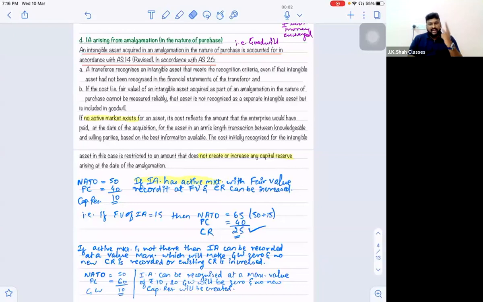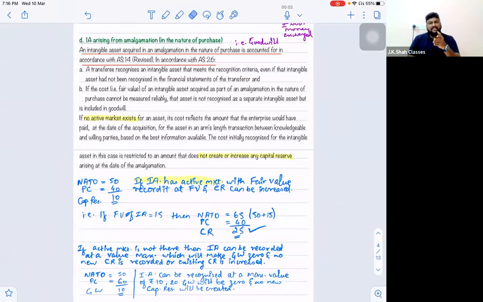Third situation, sir, active market is not there. So technically active market not there means fair value will also not be available. But still I want to record the asset. I will try to find out some value and I want to record it. So sir, if you are in the situation of goodwill, then only such intangible asset can be recorded, but only to the extent of value of goodwill.